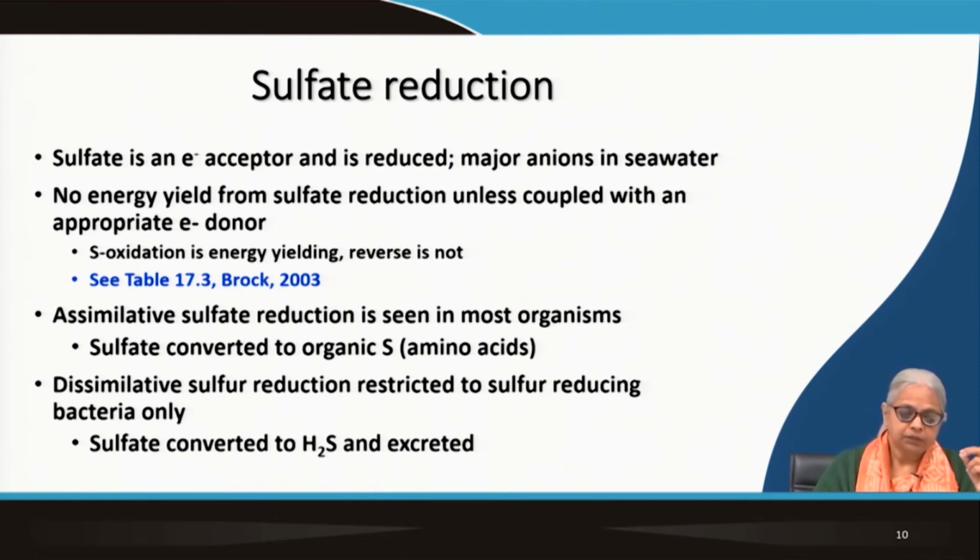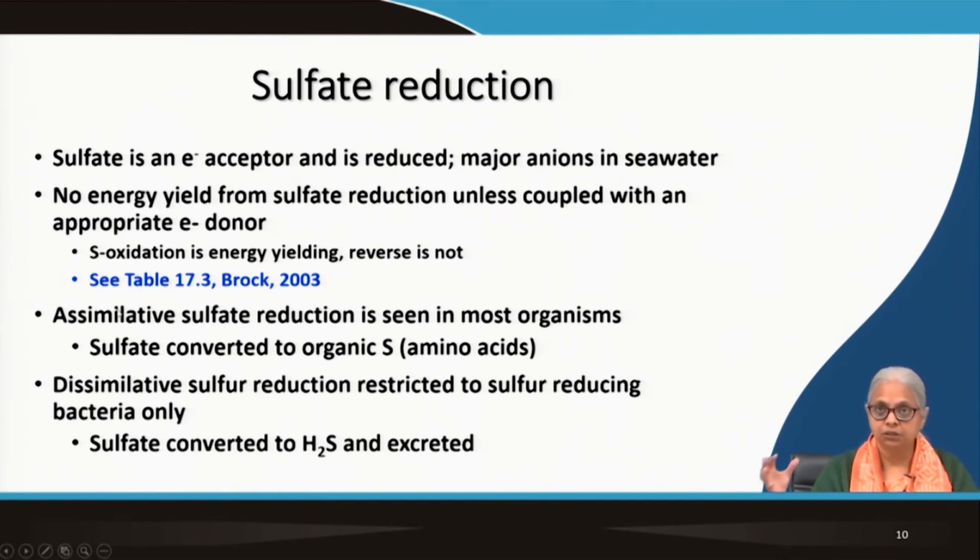Now there is another thing that I need to talk about, and that is assimilative versus dissimilative sulfur or nitrogen reduction, oxidation, all of that. Assimilative means where the element is taken up as an organic compound.